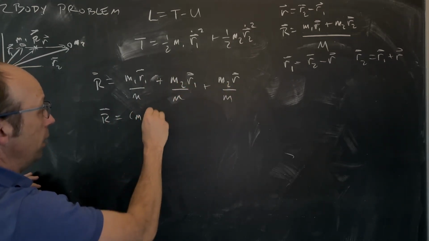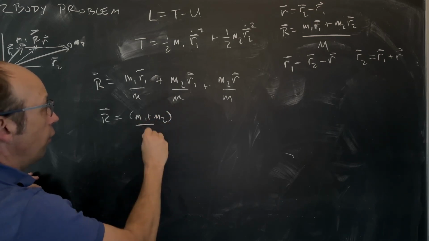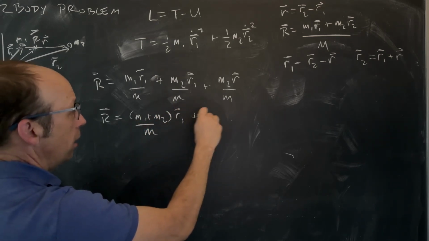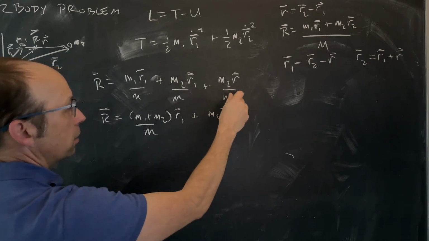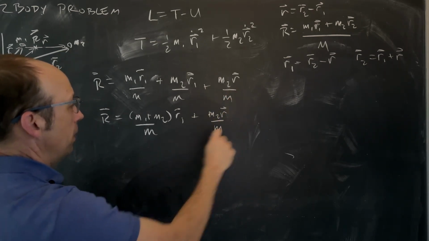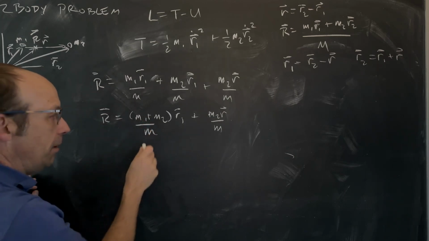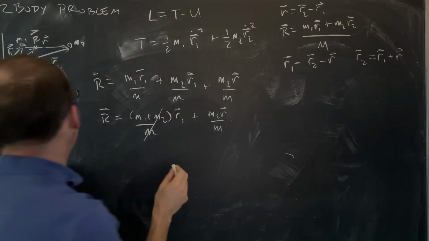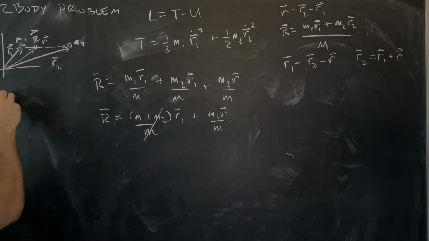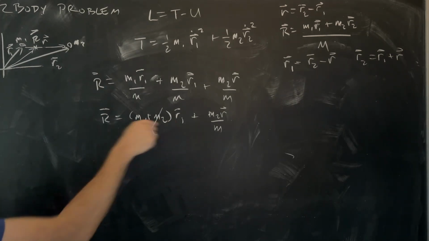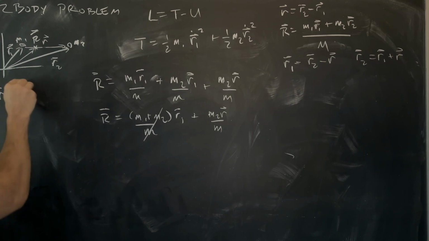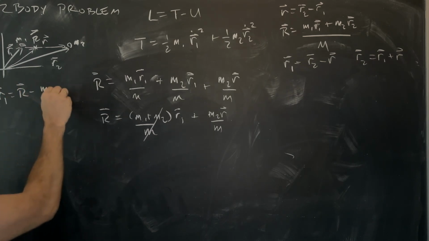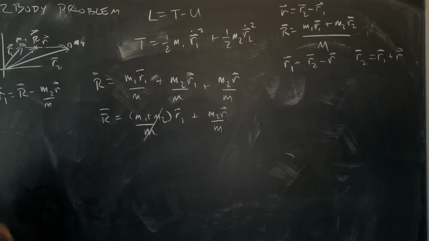I get m1 plus m2 over m r1 plus m2 r over m. And this m1 plus m2 is m, so that cancels. So this is really important. I'm going to put it over here. If I solve this for r1, I get r1 is going to be R minus m2 r over m. Can't see that.